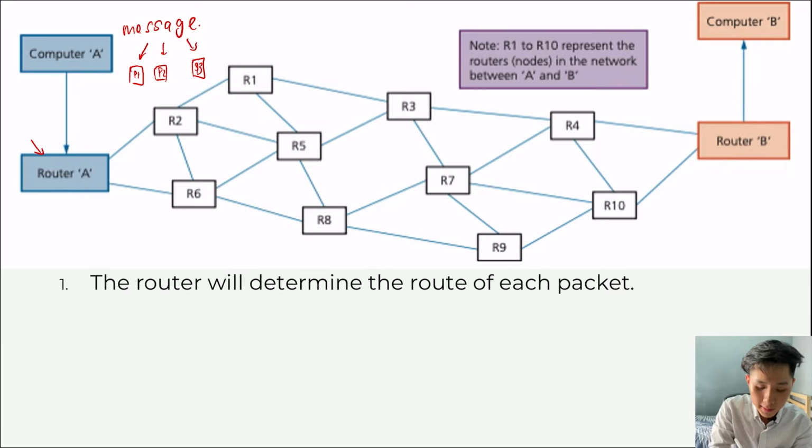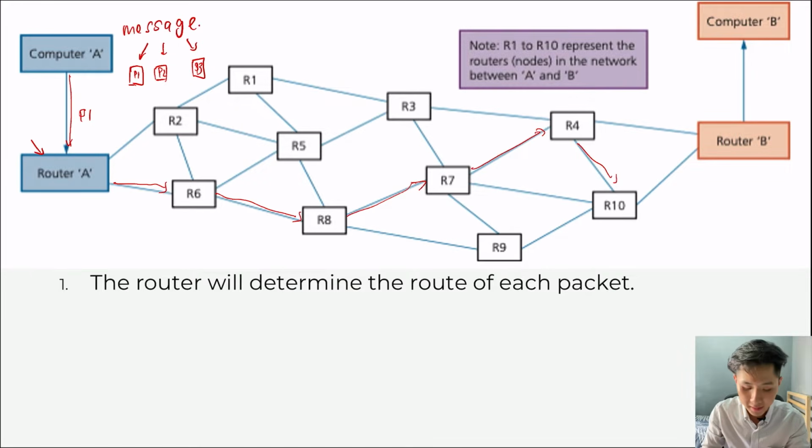So for instance, for packet 1, when it arrives at router A, it will be sent independently from one point to the destination. Okay, so that's the route for packet 1. And as for packet 2, it can follow another path here to the same destination. And the path is determined by the router.